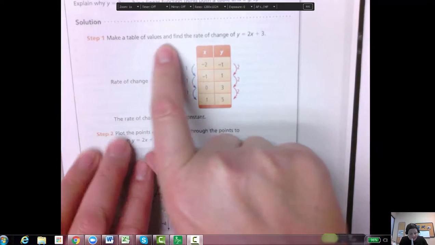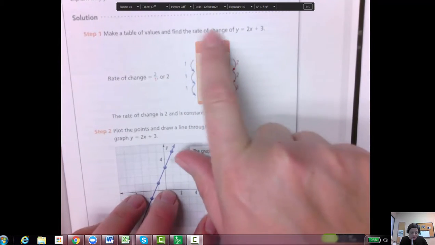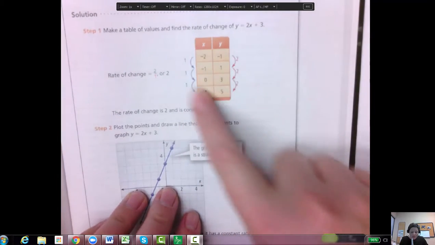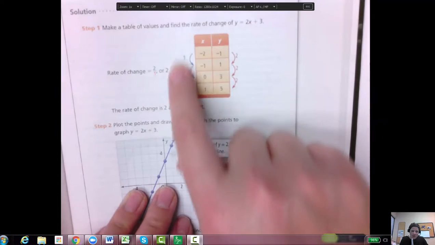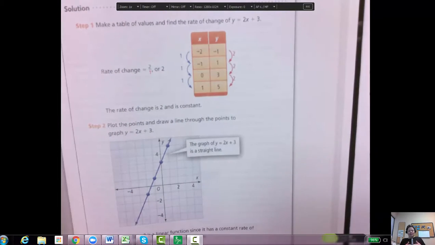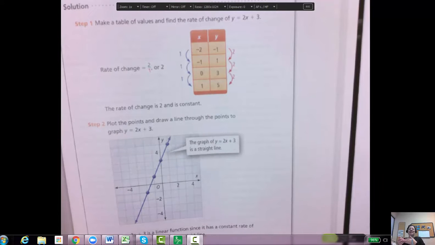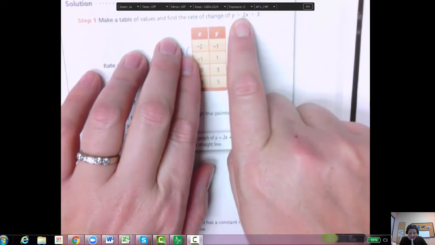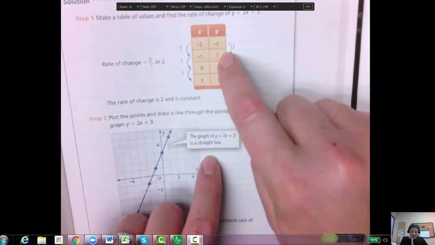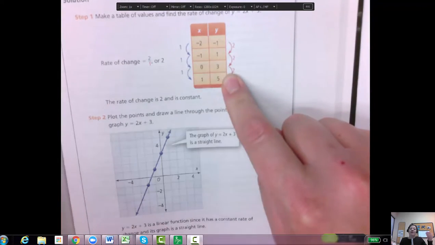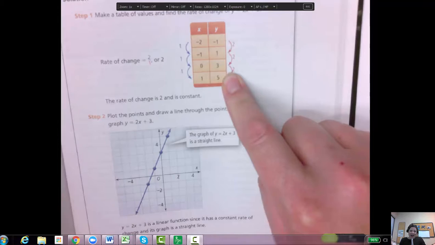So make a table of values and find the range or the rate of change for this. So what is the rate of change? Remember, rate is what you're going up by. It is the slope. That is always the number in front of the x, or the number that you're going up by on your output, your y.